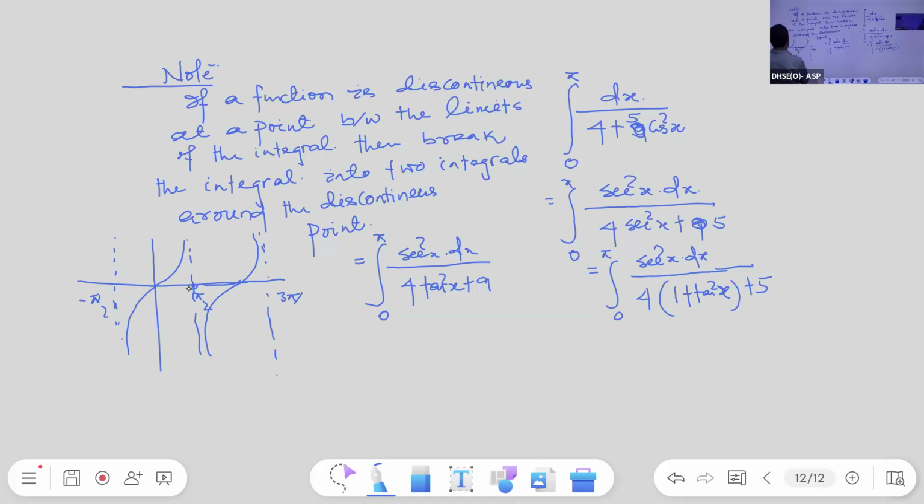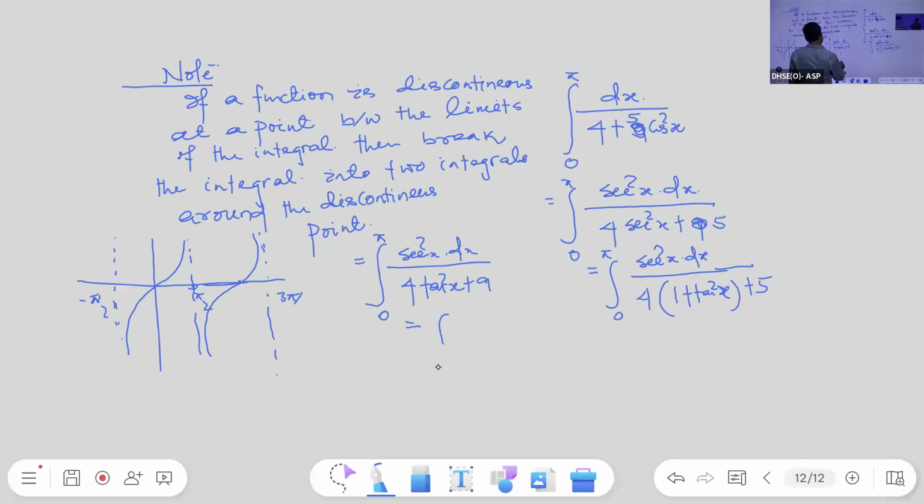On the left hand side, the left hand limit is plus infinity, the right hand limit is minus infinity. So since the function is discontinuous at x is equal to pi over 2, we have to break the integral or separate the integral into two integrals.